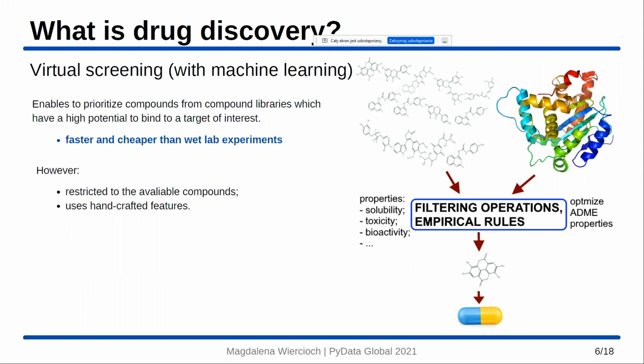Virtual screening is a computational technique used to predict potentially bioactive chemical compounds, which I will call ligands here. These compounds bind to a specific target, which I showed at the beginning. As I said, it is usually a protein receptor, or it can also be an enzyme.